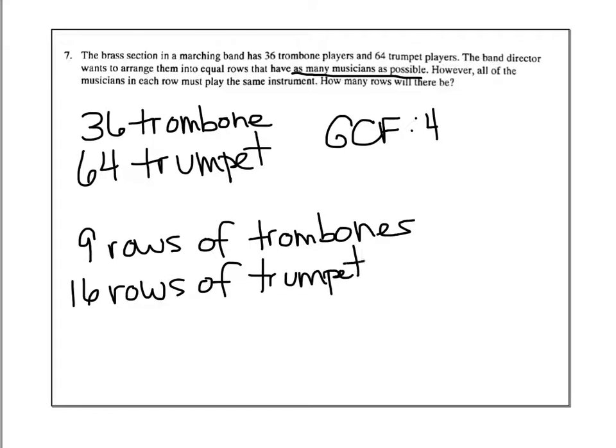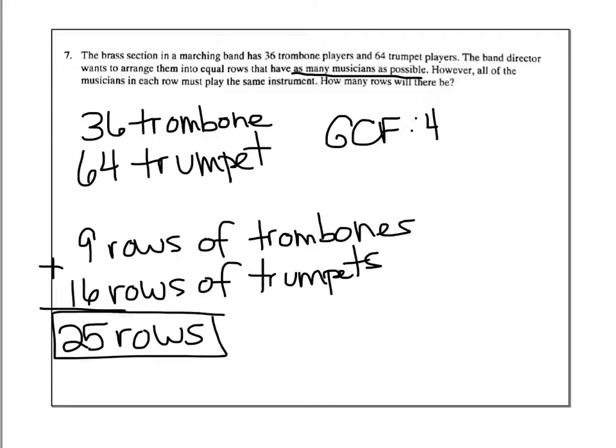But it says how many rows will there be with both instruments combined, so we add these together, and I get 25 rows of chairs are needed if I put 4 in each row. We also had 2 of these back from lesson 15.1, if you want to see how those were worked out of the workbook.